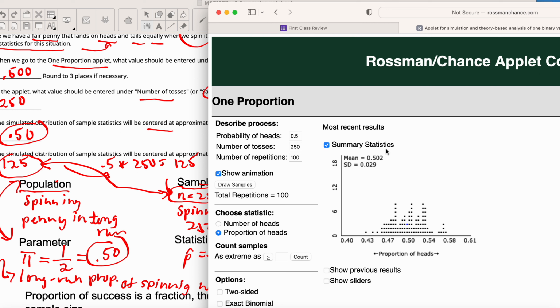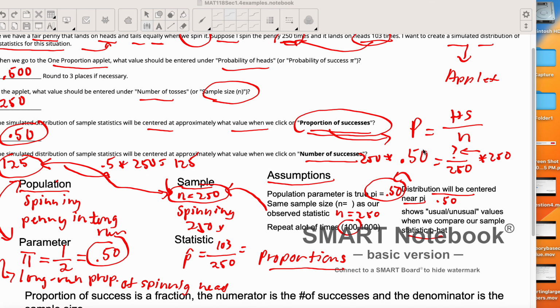It took 0.502, because this isn't exactly equal to 0.5; it's going to be different each time. Number of heads is almost equal to 125. But all you need to know is this formula: proportion of success is equal to number of successes divided by sample size. Then you plug the numbers in and solve for which one you don't have.